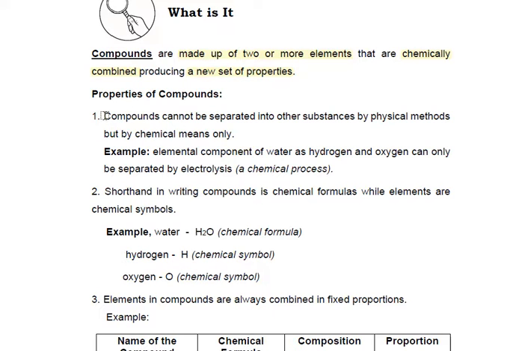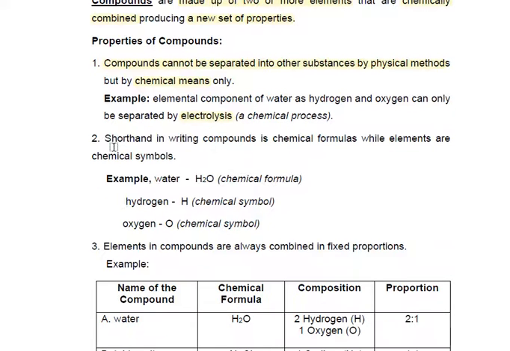So, they say compounds cannot be separated into other substances by physical methods, only by chemical methods or chemical means. So, for example, salt, no matter how you pound it, it is still just salt. Okay? Because pounding is a physical method. You crush the salt, it is still salt. But if you put it through a process like electrolysis, it will separate, no? It will change.